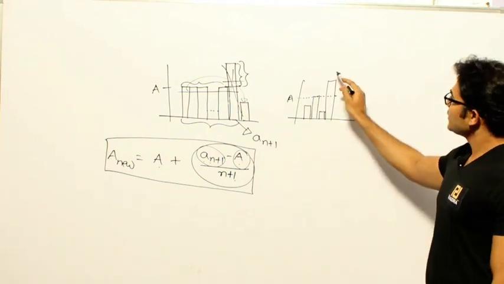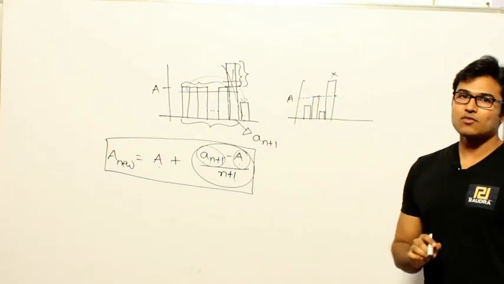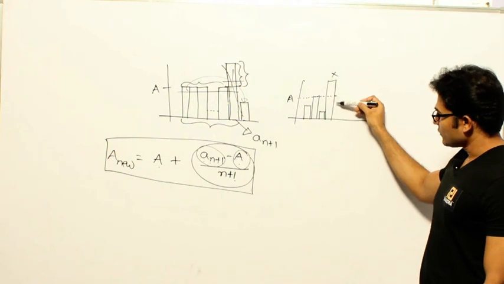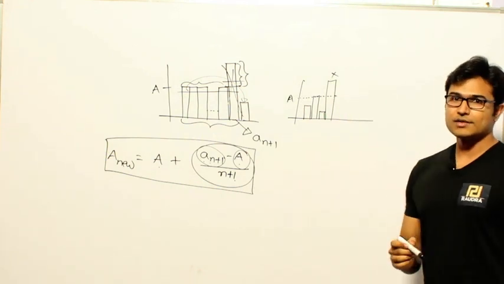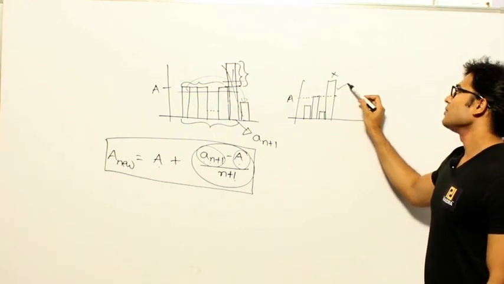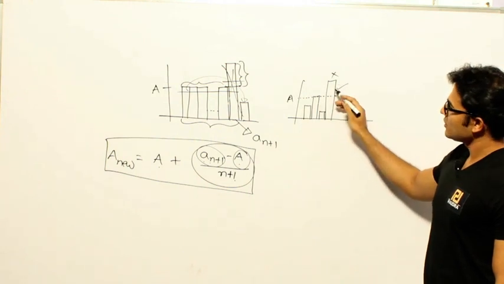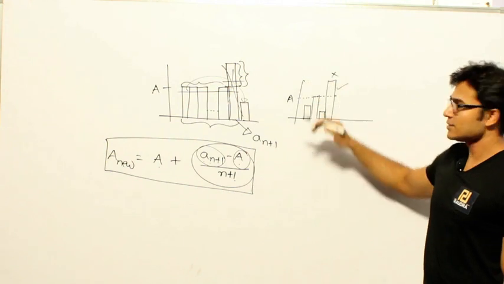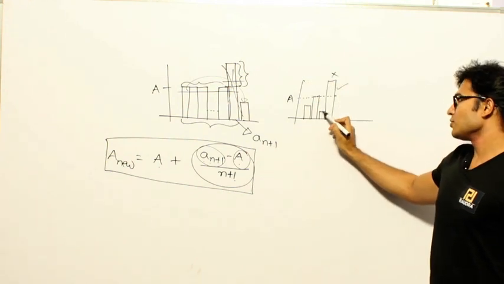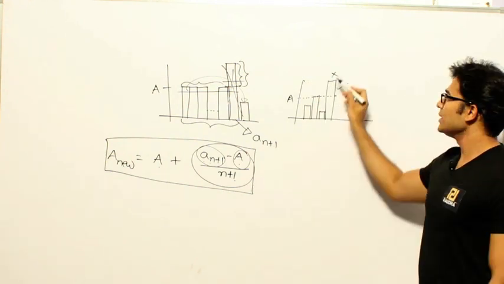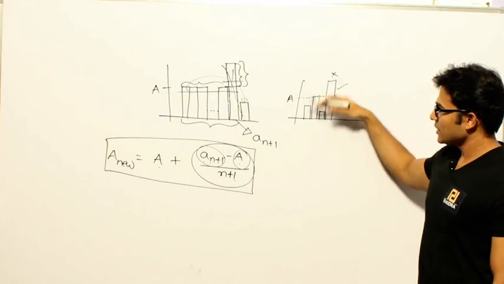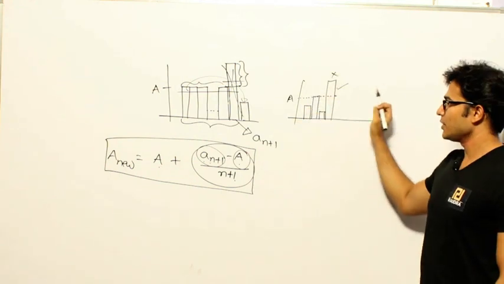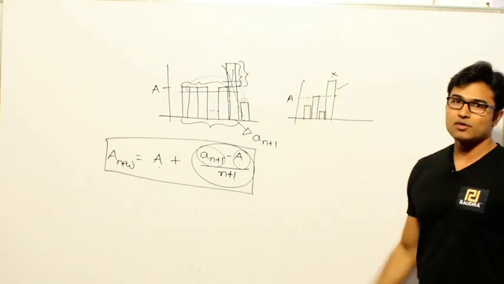Now if I delete this element, then the average will definitely fall down. The reason is this would have been the element which had contributed some value to all the other elements, and it had pulled up the average by giving its value to the lower elements. Now by deleting a higher element, you are actually taking it away, and now the average will fall down.